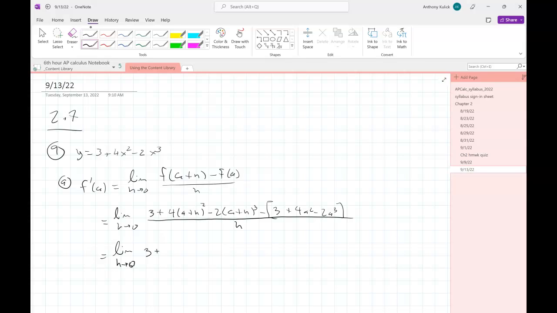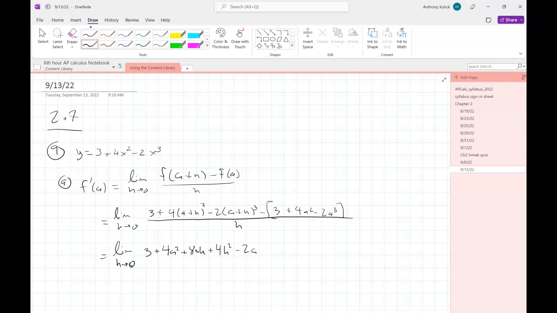So I'm going to go ahead and FOIL this out and distribute the 4 through all in one step. Is everybody okay with me doing that? Okay, 4a squared plus 8ah plus 4h squared. I'm going to do the same thing at the next step. I'm going to FOIL that out and distribute the negative 2 through.